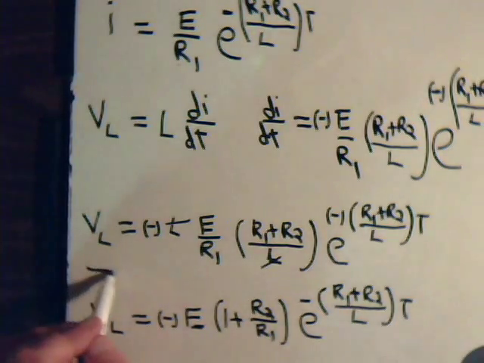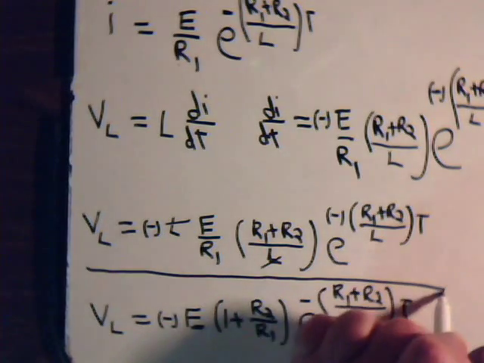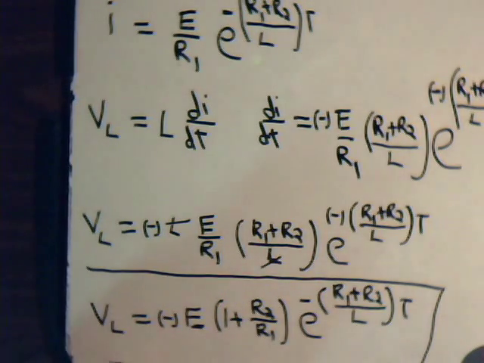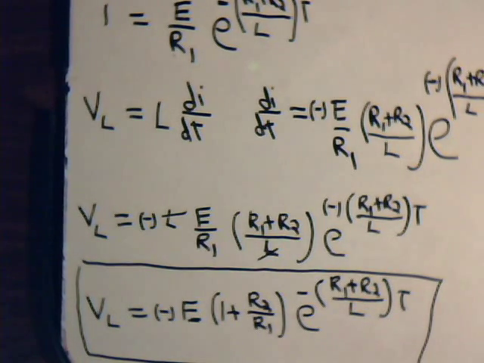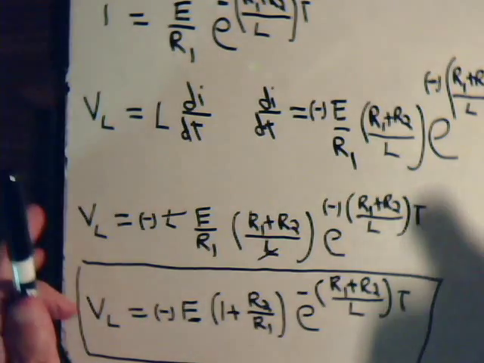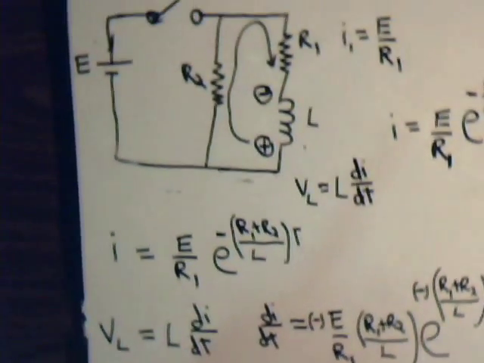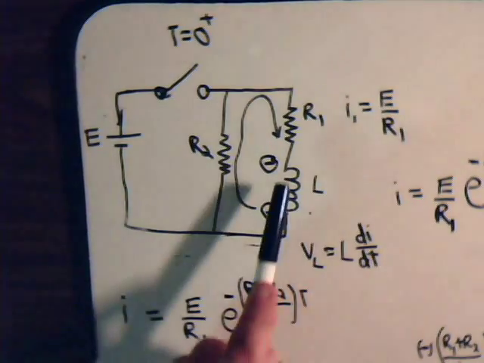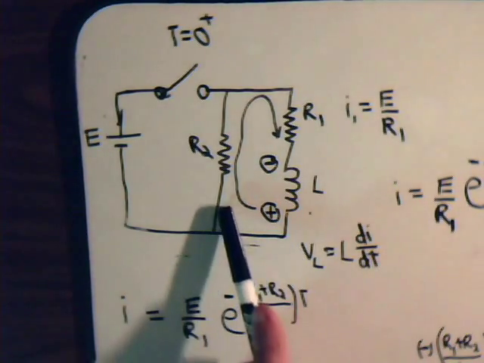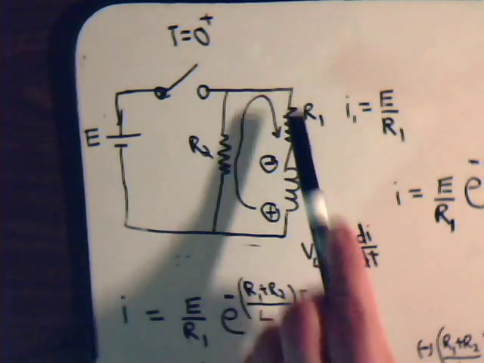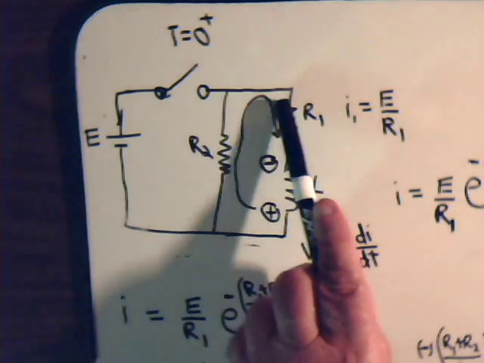So here then is our equation for the voltage across the coil when the magnetic field is collapsing. The switch has been open, the magnetic field is collapsing, and we're having a decay current across this circuit now.